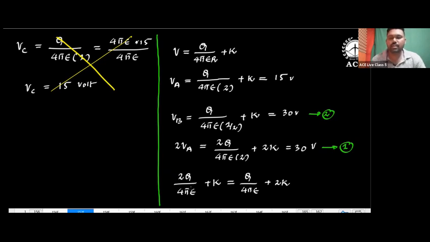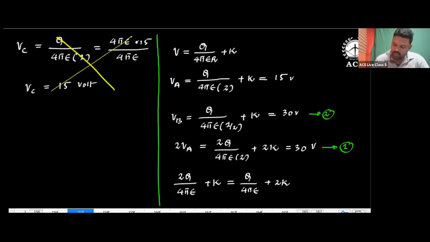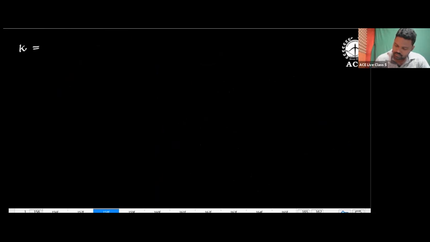Bring this one here and that one here. The K value is Q by 4 pi epsilon.